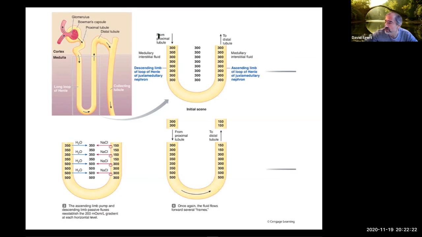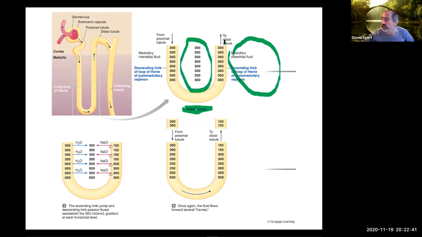All right. So again, this initial scene is artificial. This isn't real. But let's just assume we have something that's completely homogeneous. In which case it's 300 milliosmolar in all the extratubular fluid, and it's 300 milliosmolar in the filtrate moving through the tube.